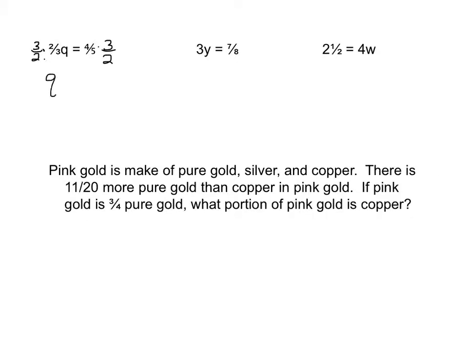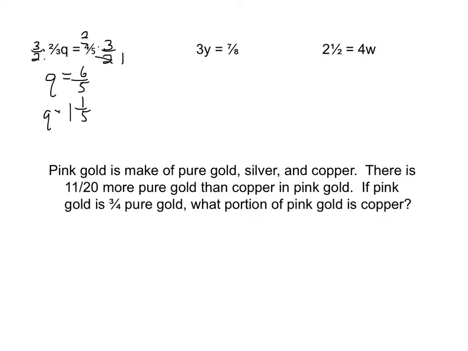And then I'm going to get q is equal to 4/5 times 3/2. 4 and 2 share a common factor of 2, so this becomes a 1. This becomes a 2. 2 times 3 is 6. 5 times 1 is 5. 6/5 would equal 1 and 1/5.